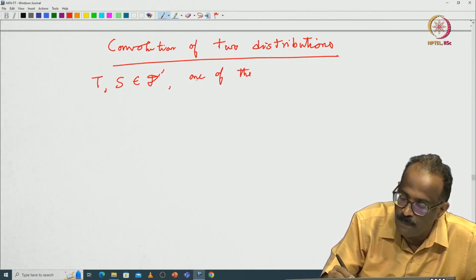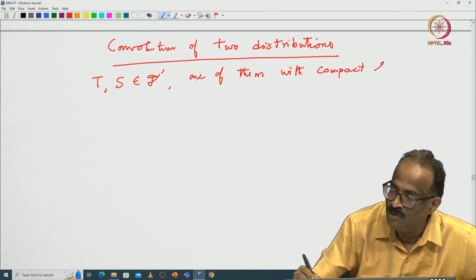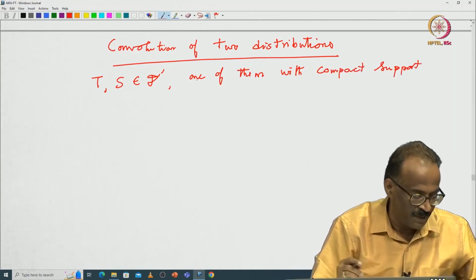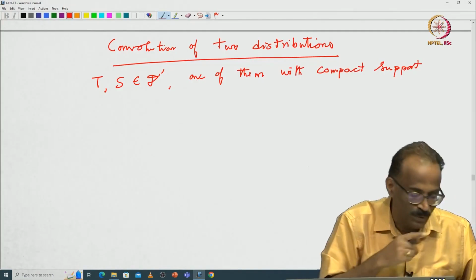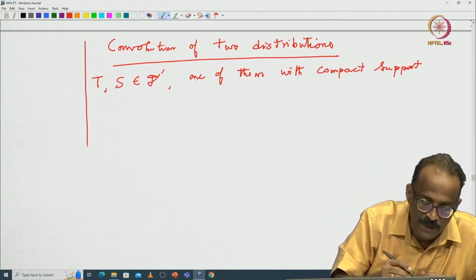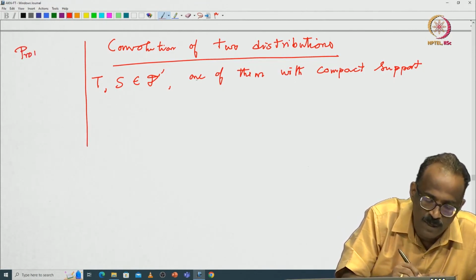We will again motivate via functions; you use the same philosophy to get a formula. In the previous case, maybe I forgot to tell you a proposition.